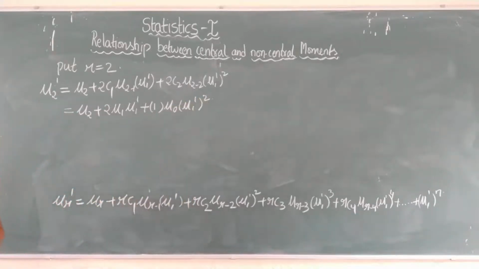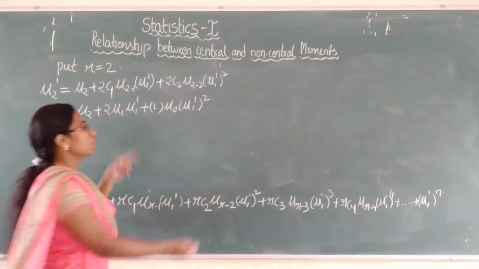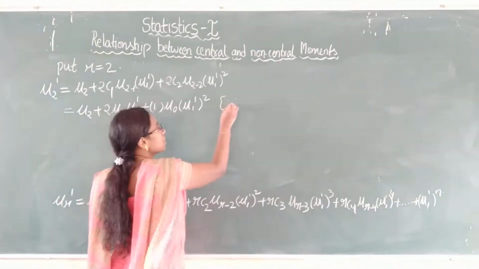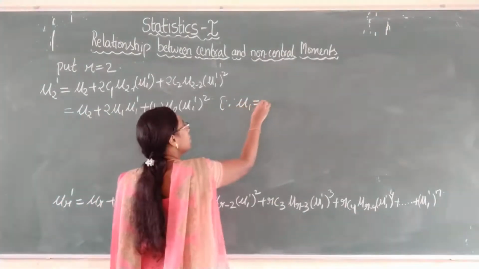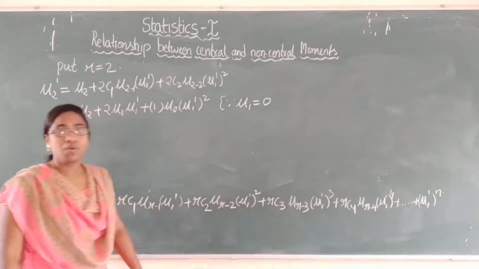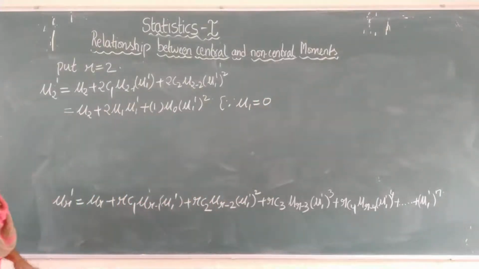So from the central moments, what is the mu1 value? So we know that mu1 equals to 0, the first central moment. Mu1 equals to 0. So substitute that value.